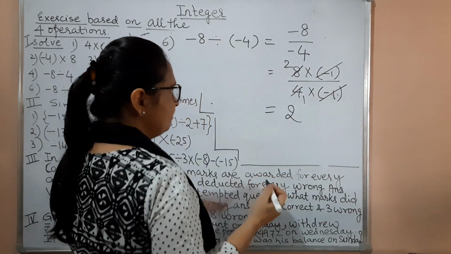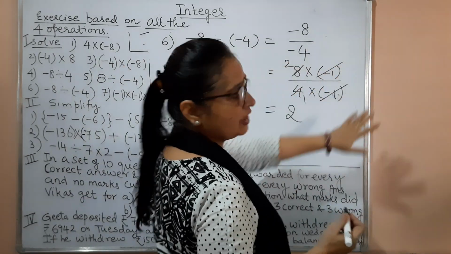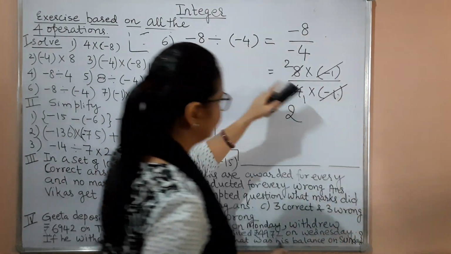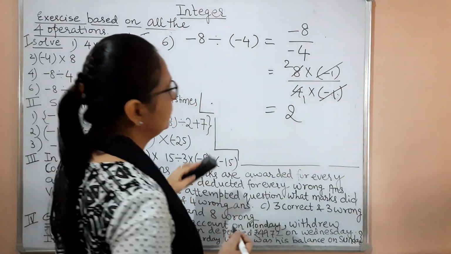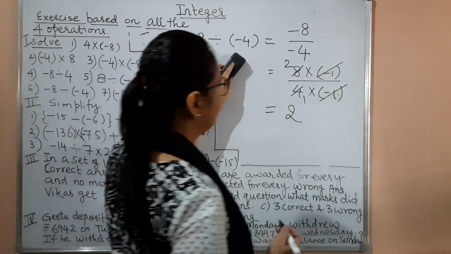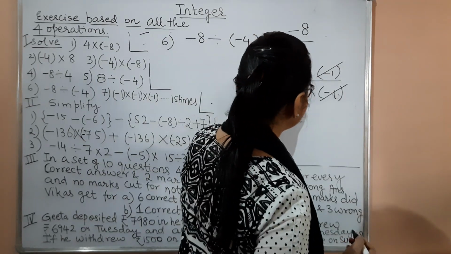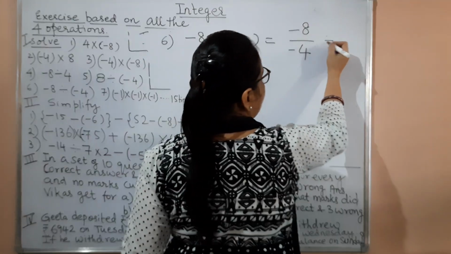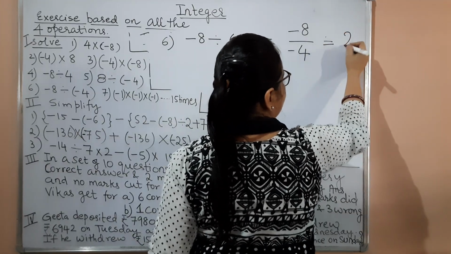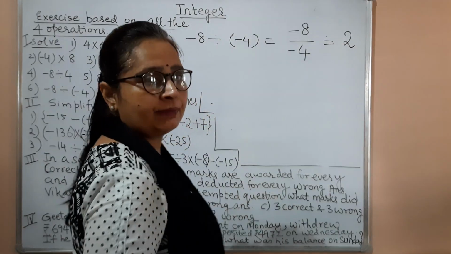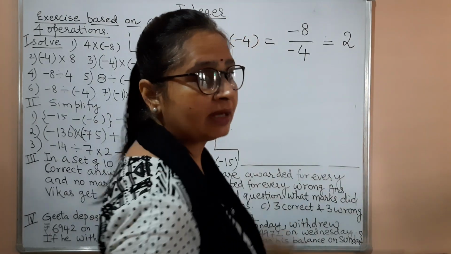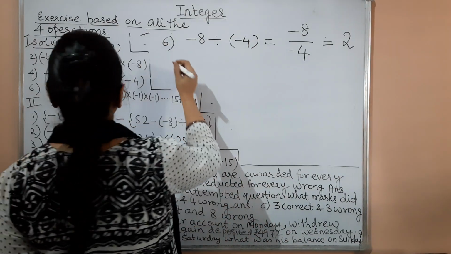It is simple, you need not write down this step, you can avoid it. This is just to make you understand. Even if you do it, there is no problem. We know 8 divided by 4 is 2, and we have to decide its sign, and because both of them are negative, the sign will be positive.